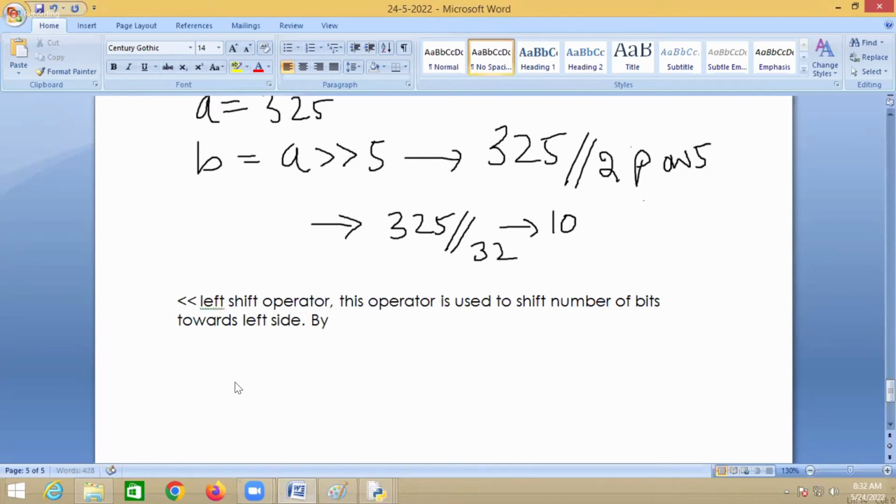By shifting the number of bits towards the left side, the value gets incremented. In left shift you are adding the bits, in right shift you are removing the bits.